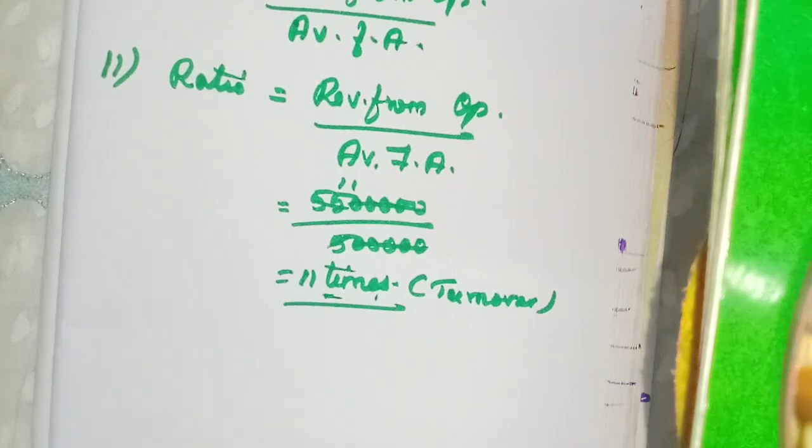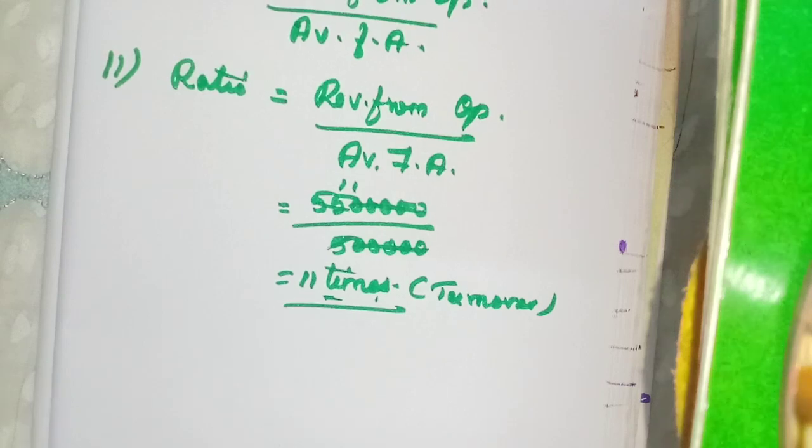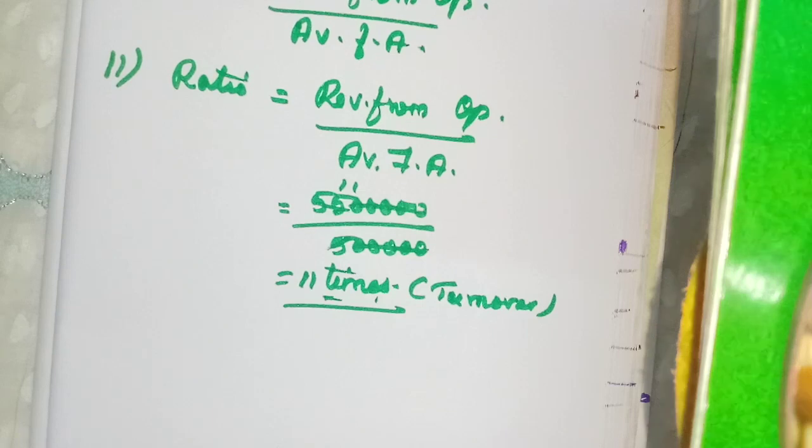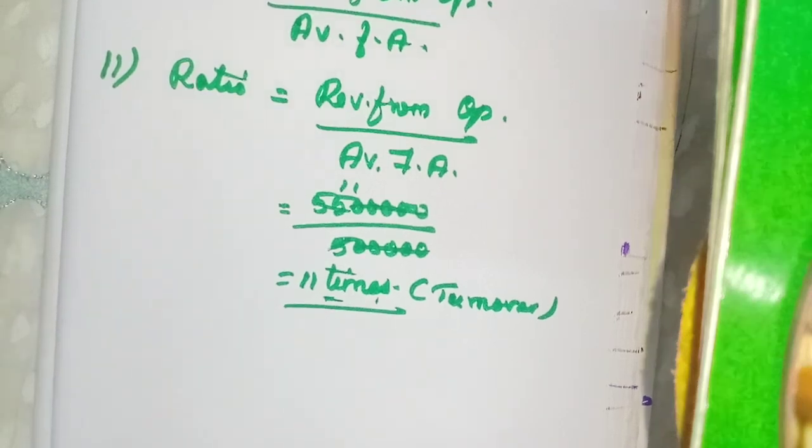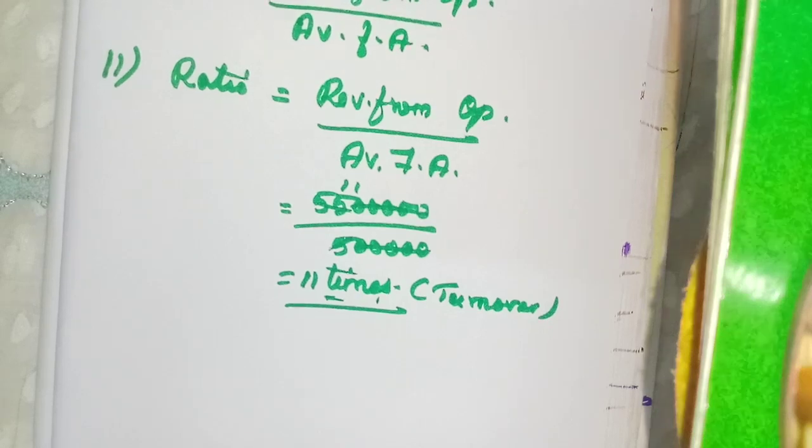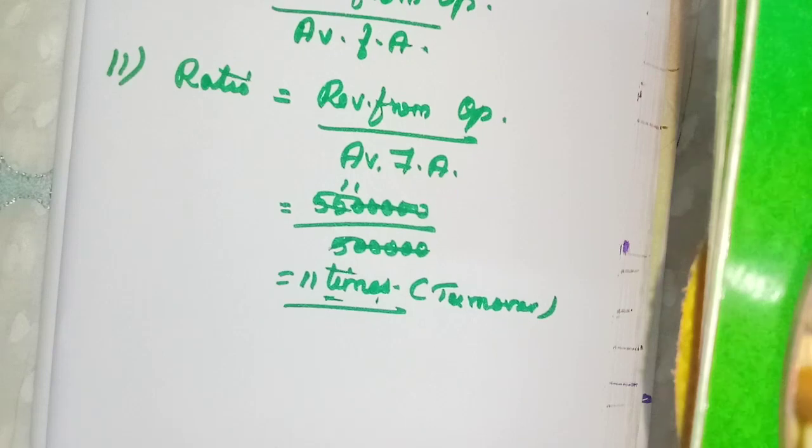Third, trade payables turnover ratio, related to credit purchases: credit purchases divided by average trade payables. The last one, fixed assets turnover ratio, is revenue from operation divided by average fixed assets. I think you are clear about this one.